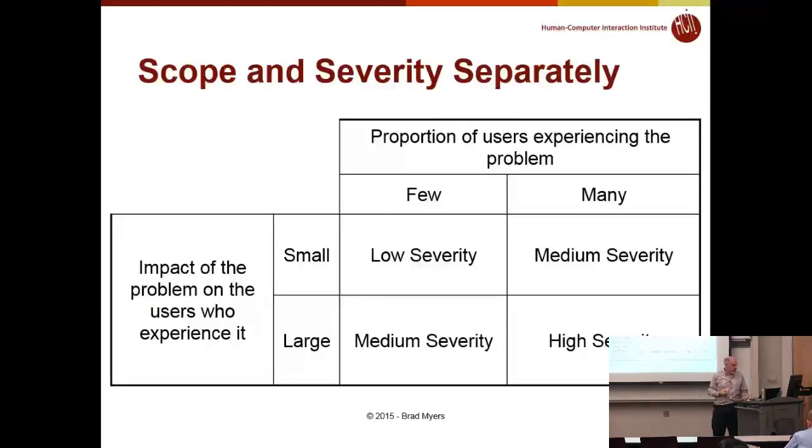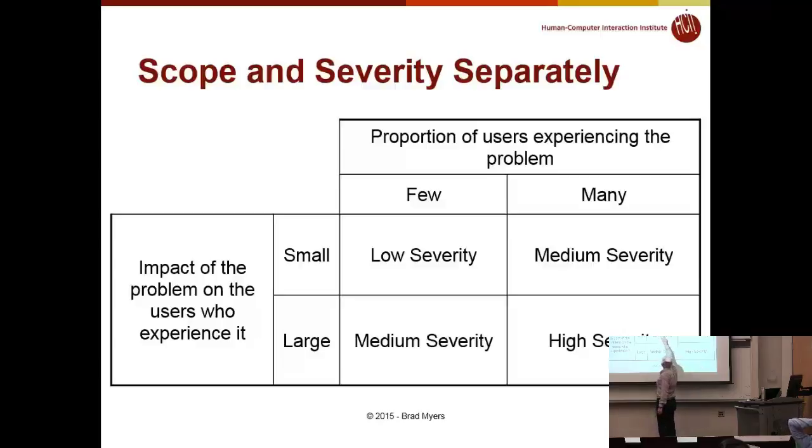And you can put these on a grid. So high severity problems that exist in many places obviously have to be fixed. And you might decide that high severity problems that are only in one or two places maybe aren't going to be as important.